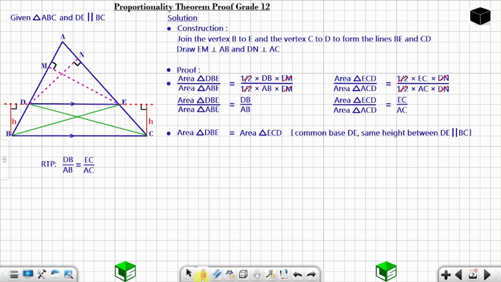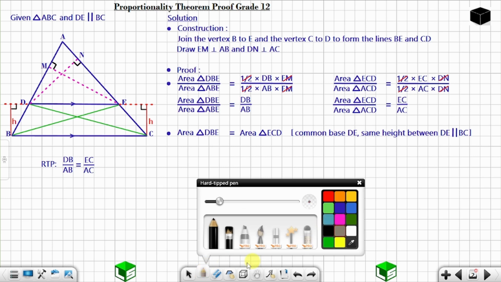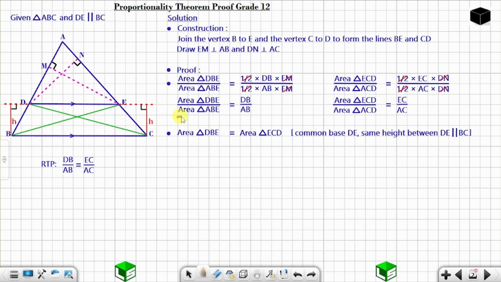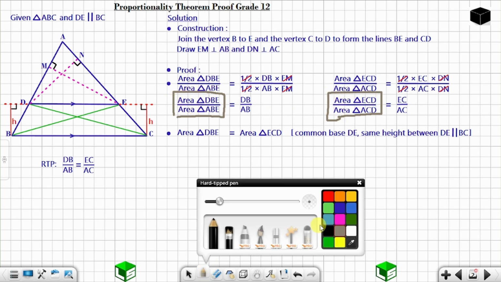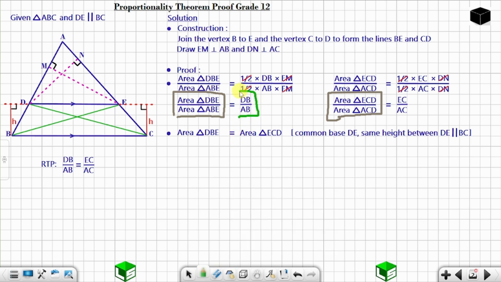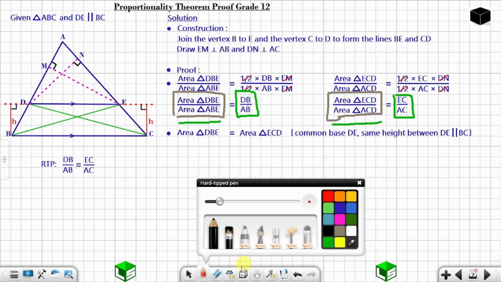Now, is this ratio equal to this ratio? If the denominators are equal, automatically this is going to be equal to this. So we are going to check this and this.